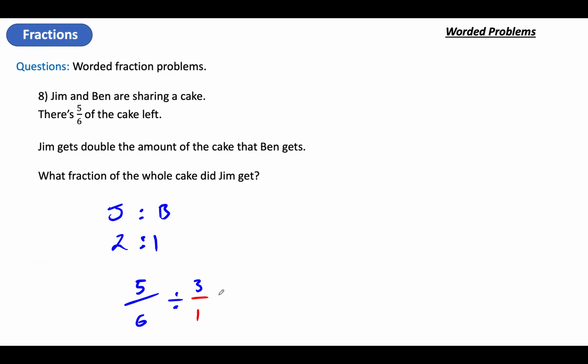Now, when we're doing this, we use the KFC, don't we? Keep, flip, change is a quick way of doing this. So 5/6 times by, and we're going to flip that second fraction just to make it a bit easier. Now, 5 times 1 is 5, 6 times 3 is 18. So that is like 1 share. So what fraction of the whole cake did Jim get?